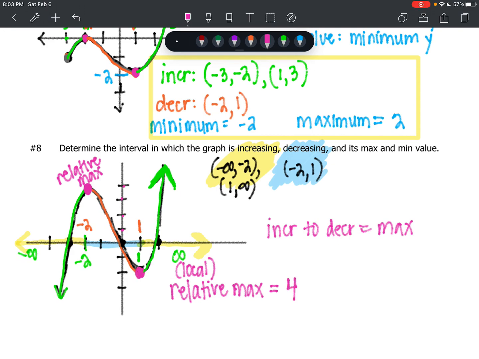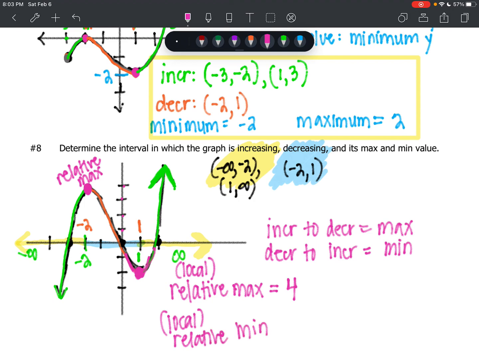And then this point right here where we go from decreasing, right? We went from decreasing to increasing. Decreasing to increasing is where you have a turning point that is a minimum value. And that as well is a local or relative minimum.